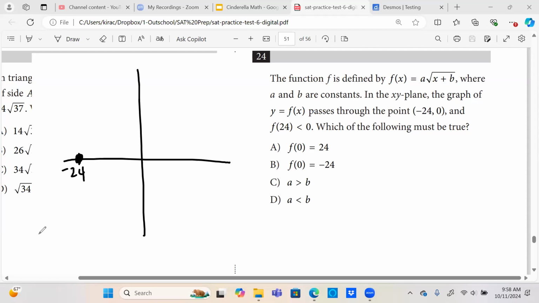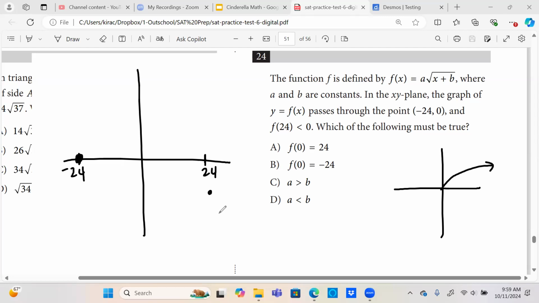Okay. And it says f of 24 is less than 0. So when we plug in 24, we are negative. So 24 right here, we don't know what it is, but we know it's negative. Okay. And then a square root, if you think about the parent square root function, it goes like this. So we have probably flipped this somehow.